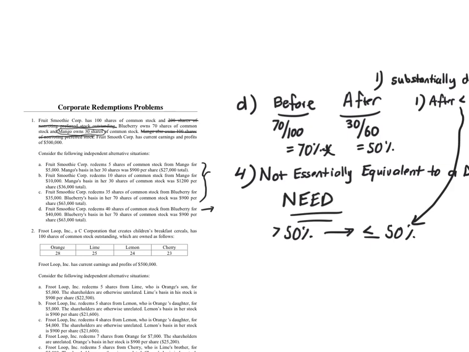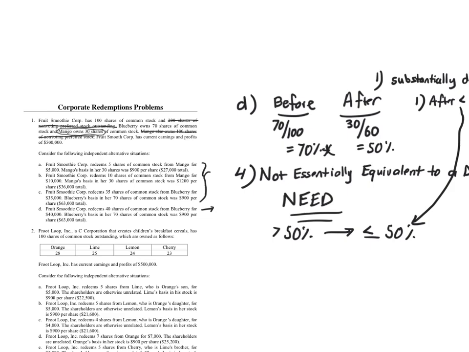Because remember, this whole topic about redemptions is a way for people to bail out money and not get taxed on dividends or distributions. So Congress said that's too good to be true unless economically you actually are giving up ownership. So this is a perfect example of where somebody is actually giving up ownership because they're giving up the ability to control.